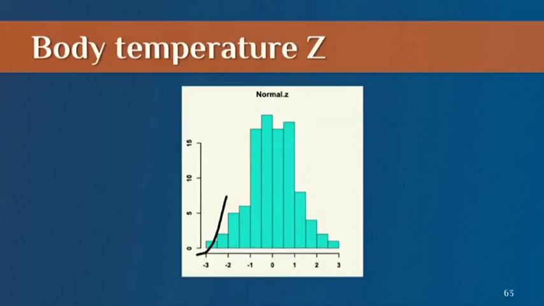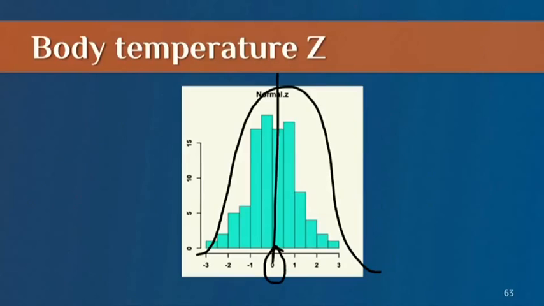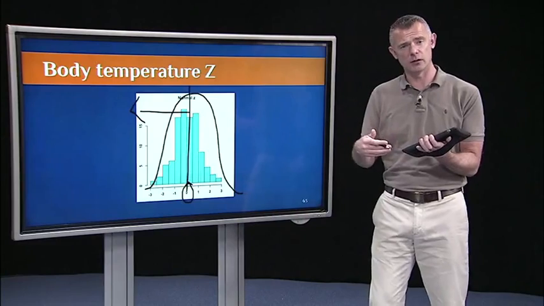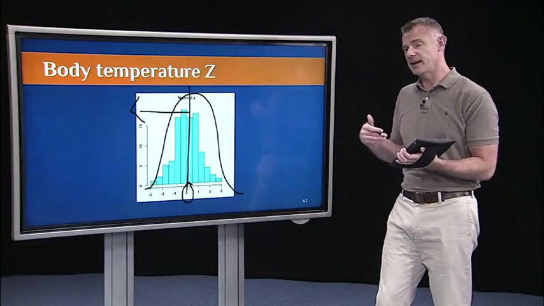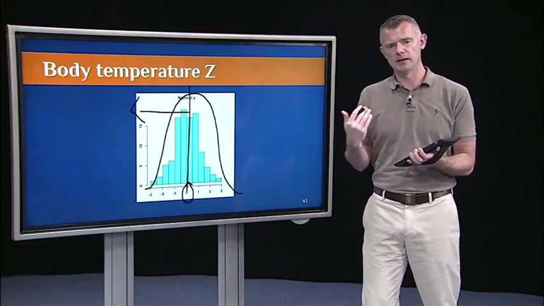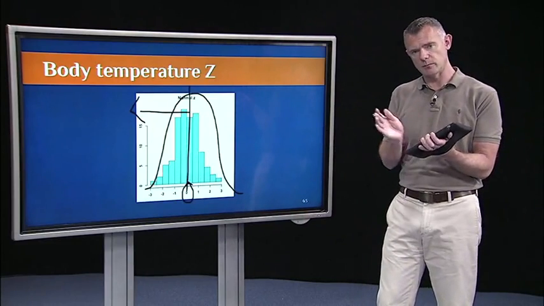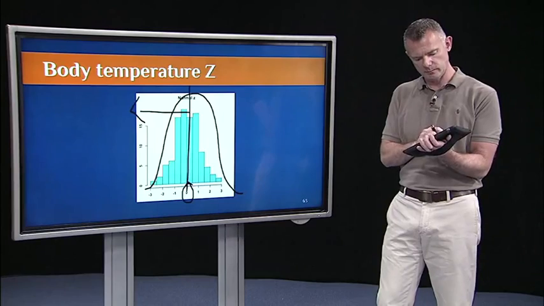If I have a nice normal distribution, and I've converted it to Z so the mean is 0, then below that score is going to be 50% of the distribution. In other words, the percentile rank of a Z of 0, or 98.6 degrees Fahrenheit, is 50%. 50% of the distribution falls below the mean.